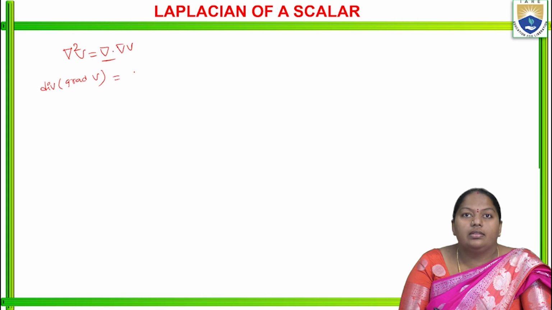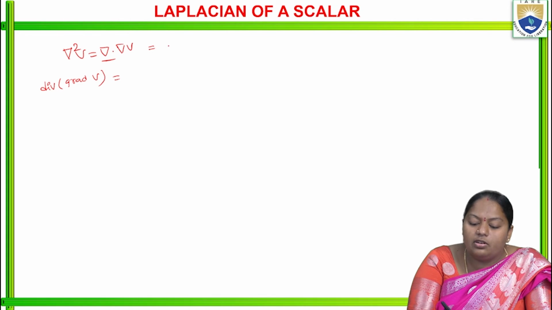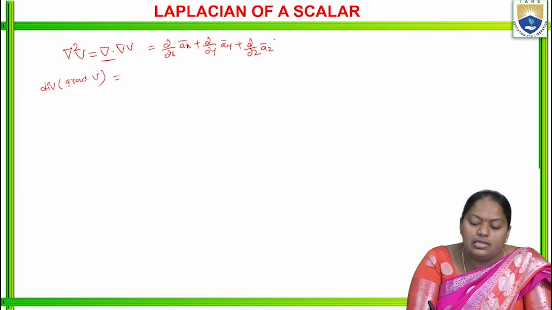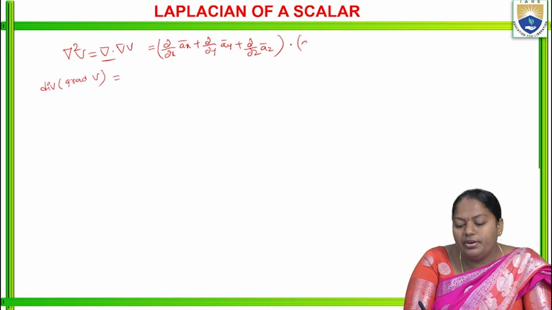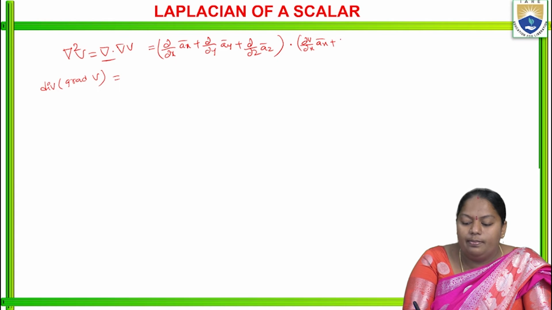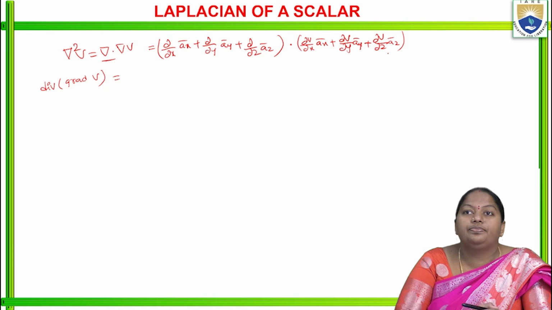So this is equal to del dot, meaning dou by dou x of ax plus dou by dou y of ay plus dou by dou z of az, dotted with del V, the gradient of a scalar, which is dou V by dou x into ax plus dou V by dou y into ay plus dou V by dou z into az.